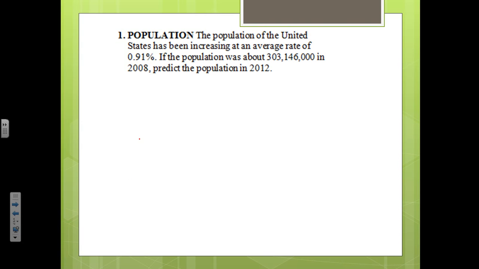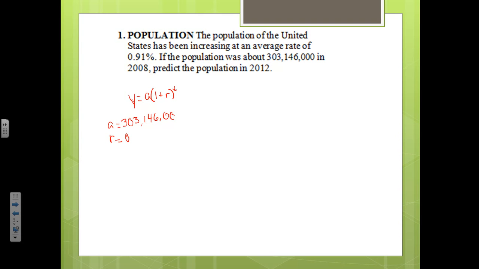So first, let's start with our general equation. We have y equals a times 1 plus r to the t. Well, our a is our initial value. And then our r is 0.91%.